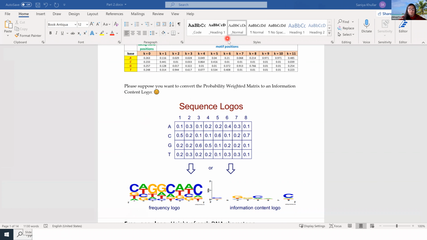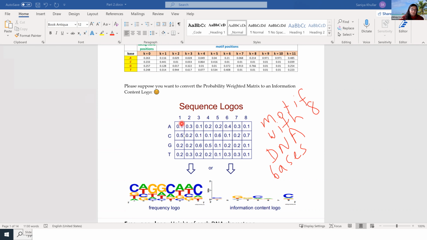So we have a motif with 8 DNA bases. So we have a DNA that can be 8 bases long. And these are the probability weighted matrix that we have.